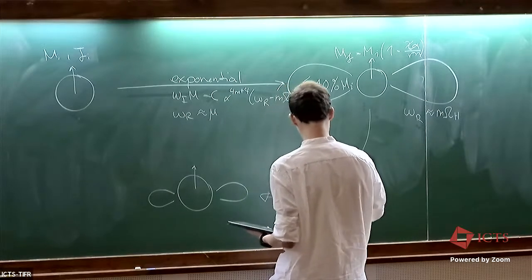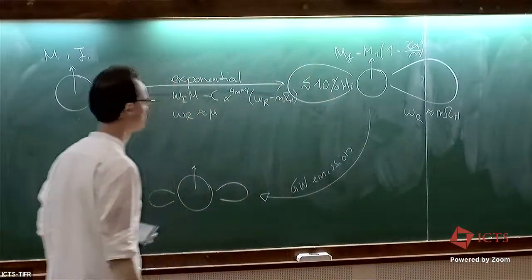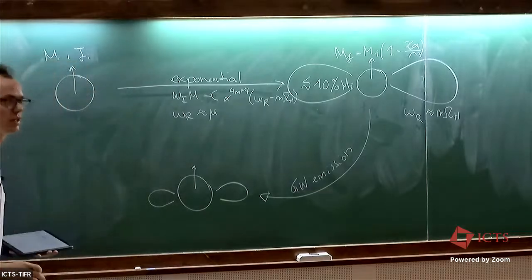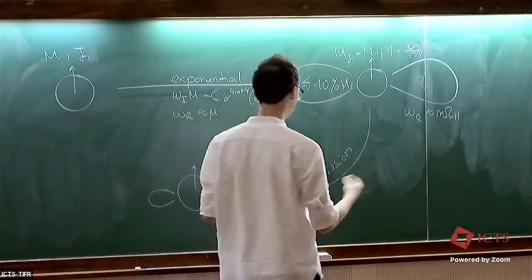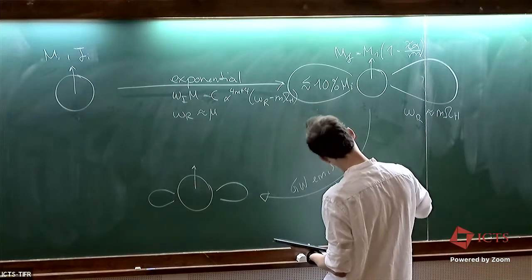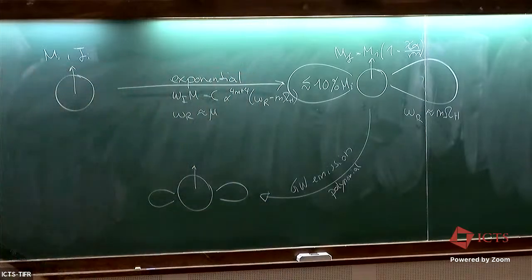In contrast to the initial phase, the superradiance instability, this happens over polynomially long timescales. So it's a much, much longer process than the exponential growth originally.